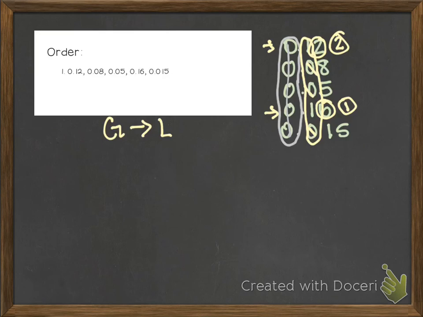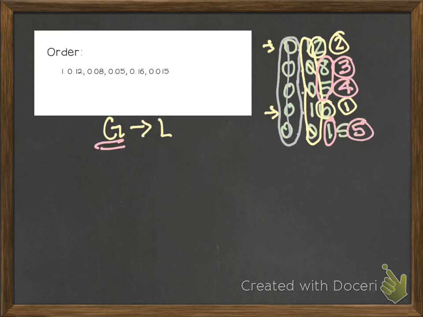And then I'm going to move to the next numbers, which is 8, 5, and 1. Again, I'm going to remind myself that I'm looking for greatest first. So 8 is greater than 5. 5 is greater than 1, which leaves this as the last number.